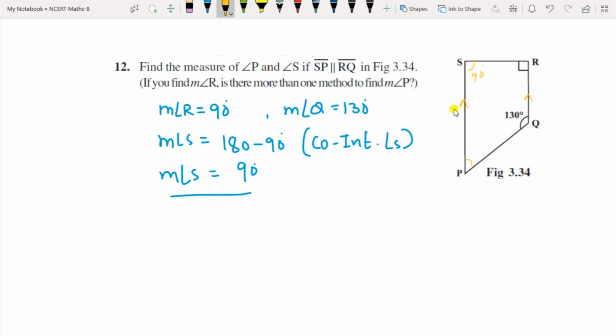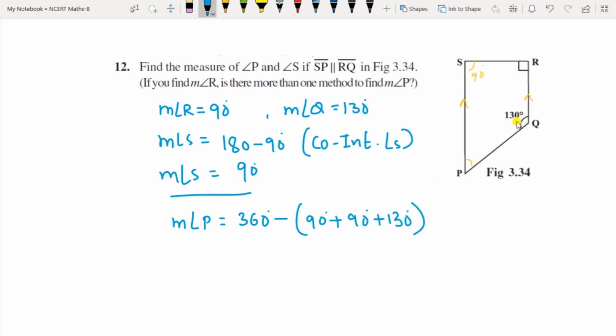So what about measure angle P now? For measure angle P, you can see it is a quadrilateral. The sum of the interior angles of a quadrilateral is 360. So add these all three and subtract from 360, you will get P. So measure angle P equal to 360 minus 90 plus 90 plus 130.